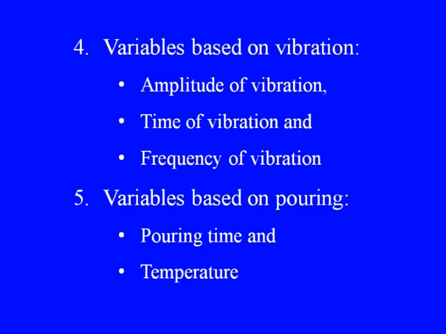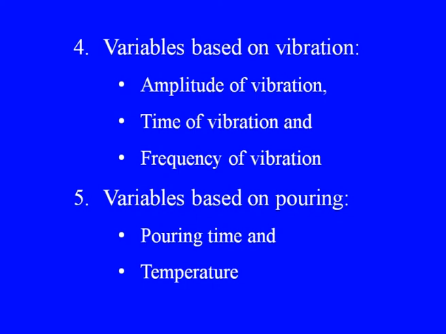The fourth category of variables are based on the vibration system. The variables are amplitude of vibration, time of vibration, and frequency of vibration. The fifth category of variables are based on pouring.